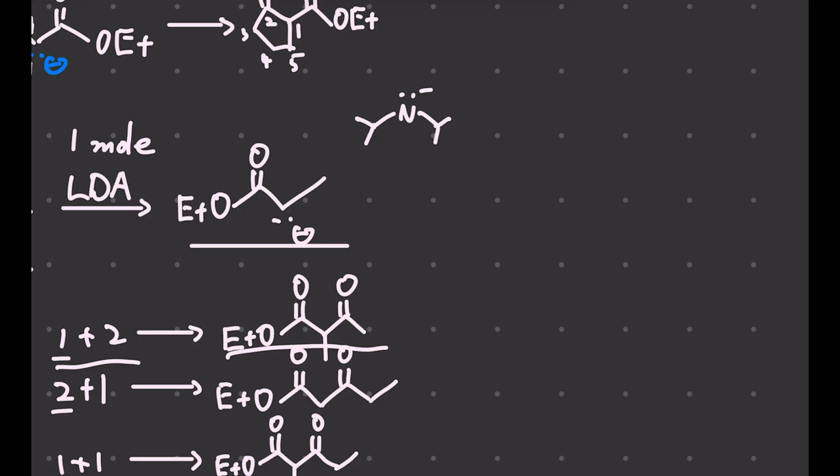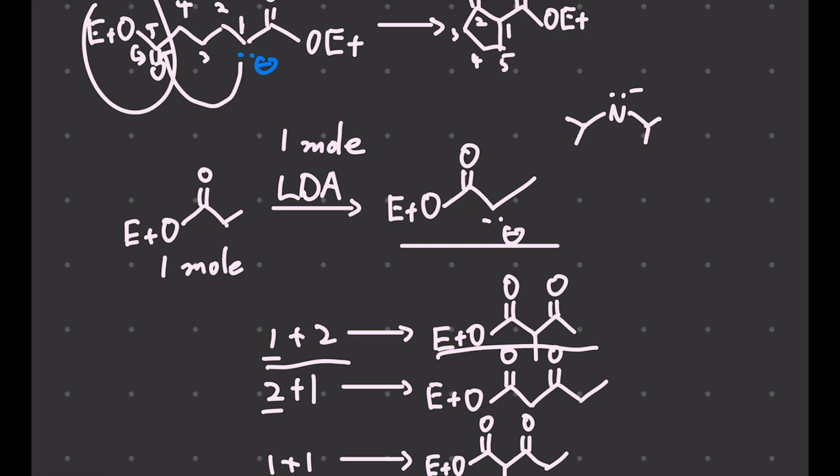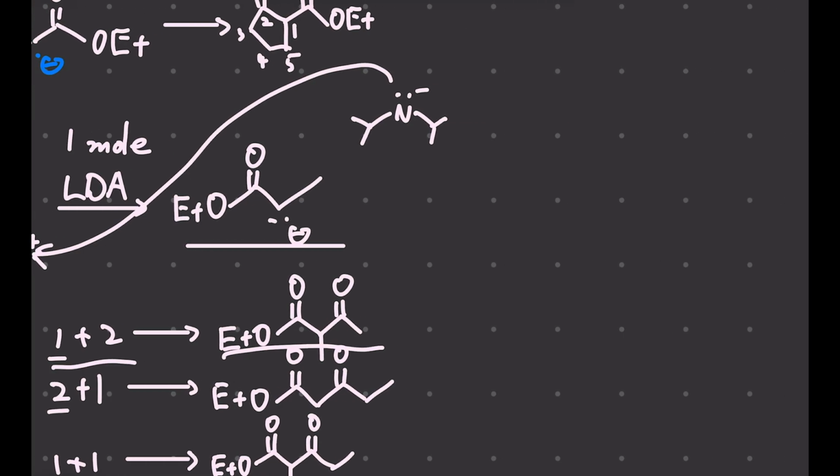And this will attack this alpha hydrogen and deprotonate it. And in this reaction, all of the LDA will be consumed. Once we have this, we can react it with our other starting material, which is this.